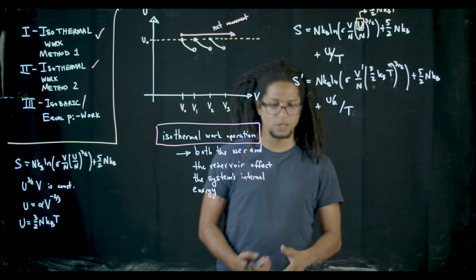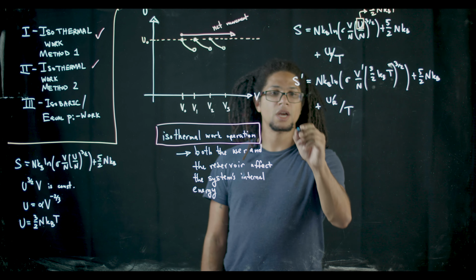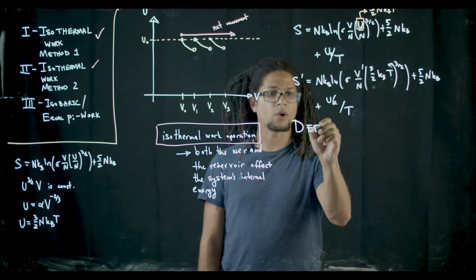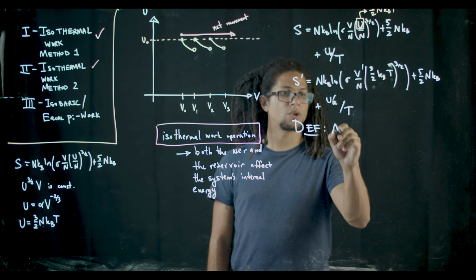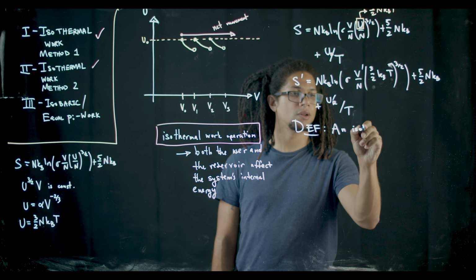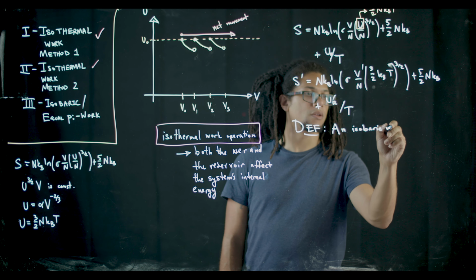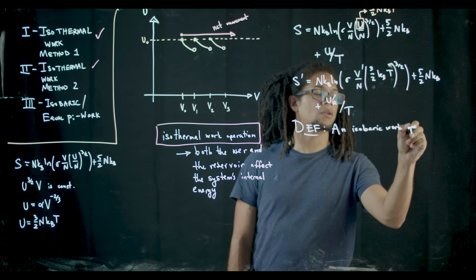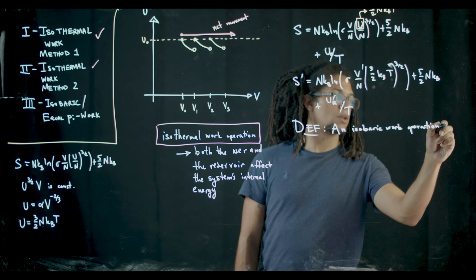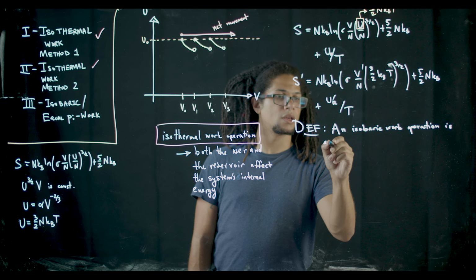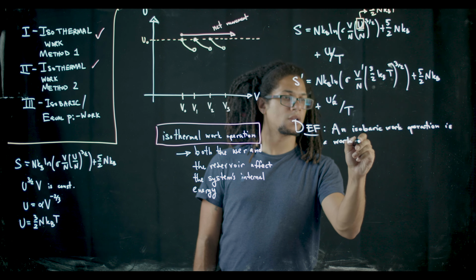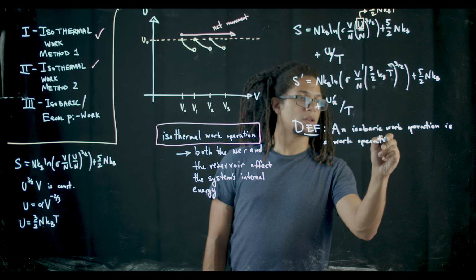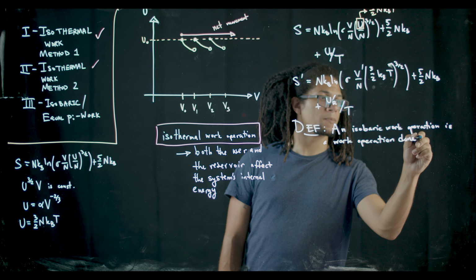And now it's a good point to note that we also have the notion of an isobaric work operation. So an isobaric work operation is a work operation done at constant pressure.